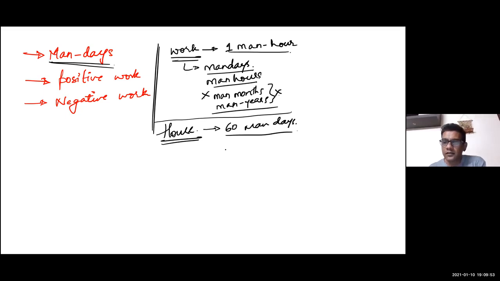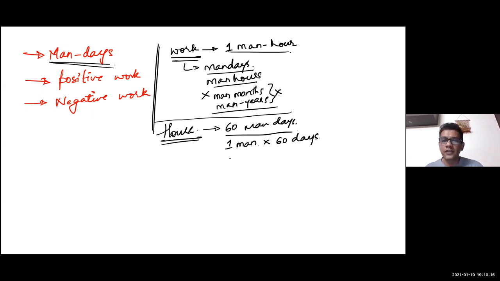Basically, he means that if one man works only on constructing the house, he will take 60 days to complete the job. That's why he said 60 man days.